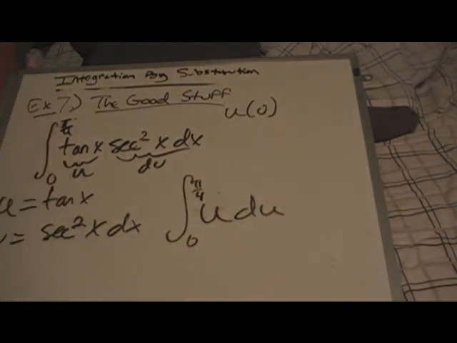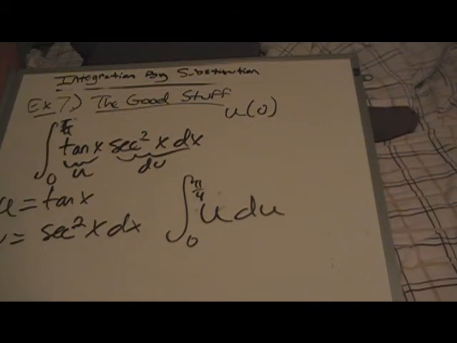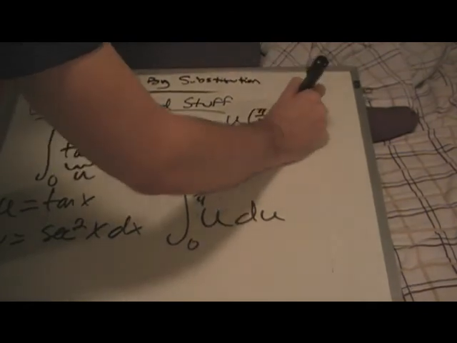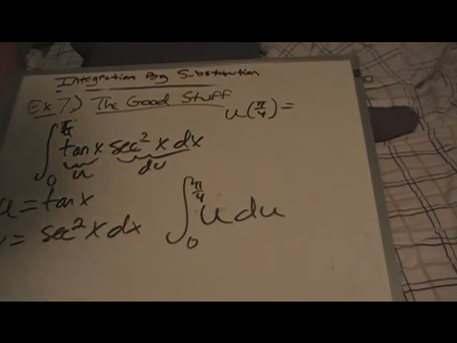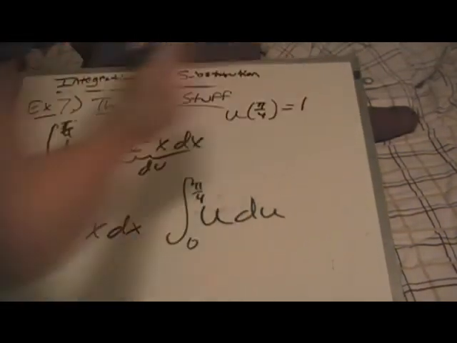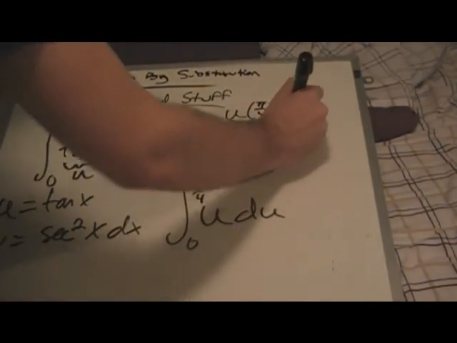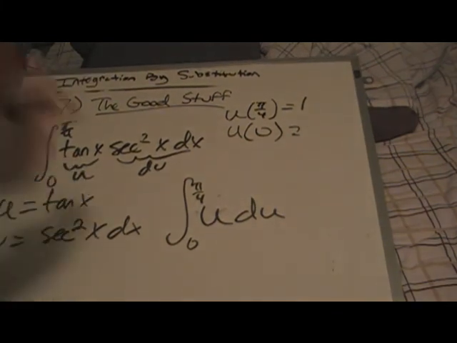We notice, I'm going to do it at the top, that when we do the fundamental theorem of calculus, part 2, we find out that u of 0, or I guess we can do u of pi fourths first, just to keep it in order of our fundamental theorem. U of pi fourths, simply plug in pi fourths to u, so tangent of pi fourths is simply 1. And then we can also do our lower limit of integration, u of 0. Plug in 0 for x in your u function, which is tangent. Tangent of 0 is 0.